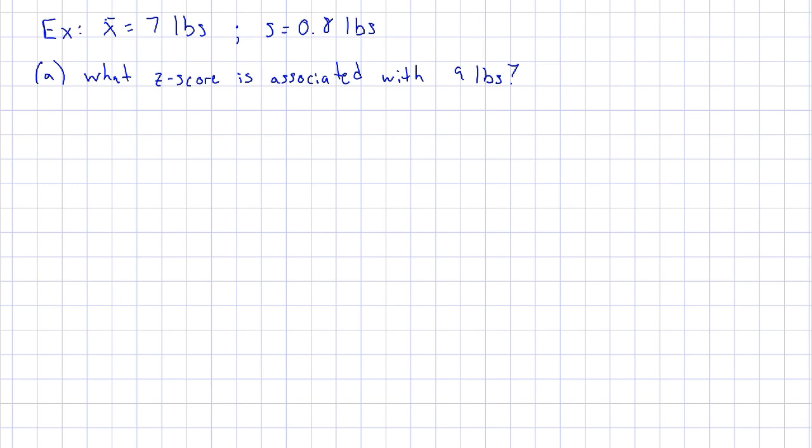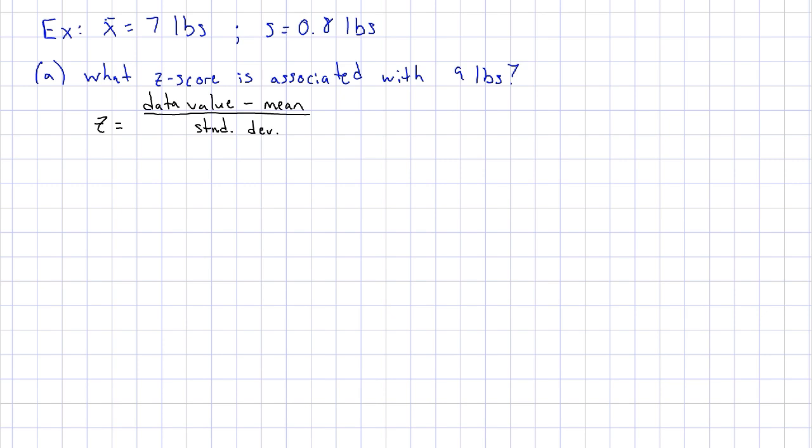So the way that we do this, again, is we have a formula. The z-score is equal to the data value, so my particular item of interest, minus the mean, divided by the standard deviation.